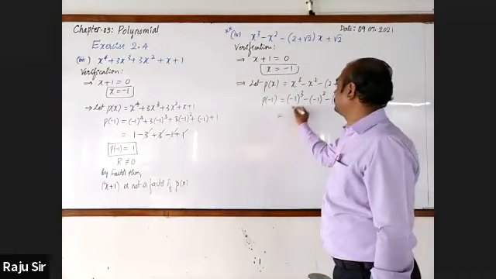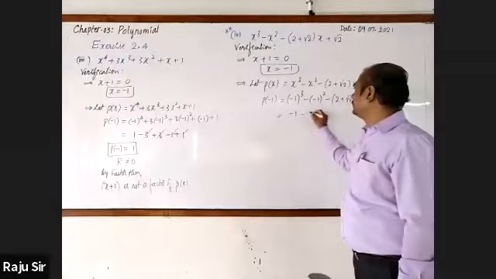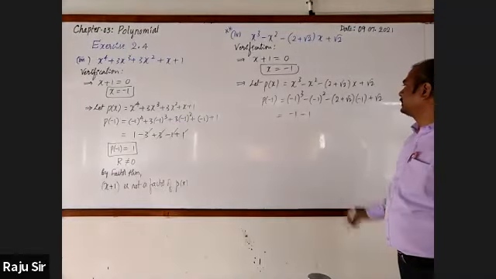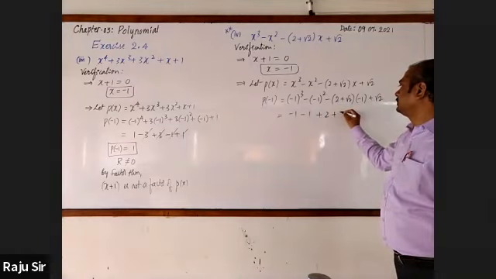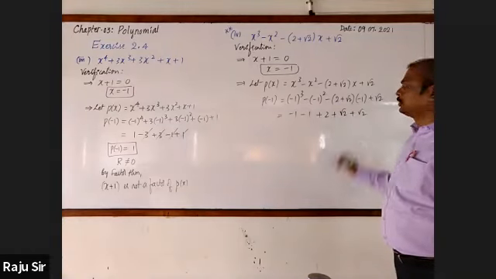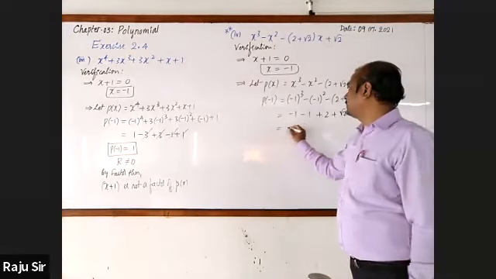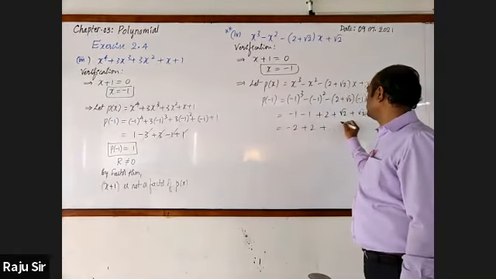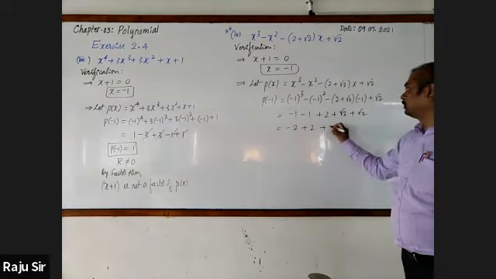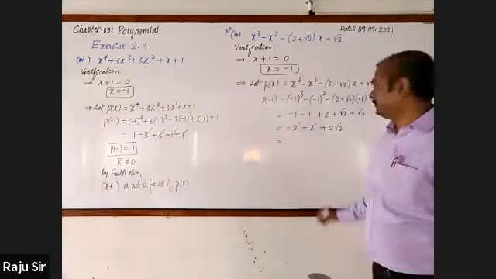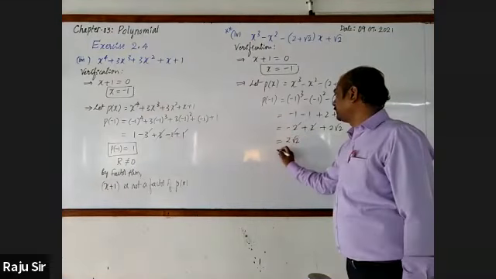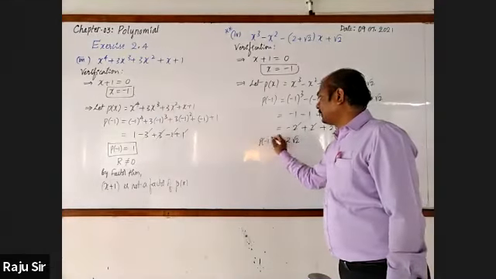Minus 1 whole square is plus 1. Minus 1 into minus is minus 1. And minus into minus gives plus 2 plus root 2 plus root 2. Minus 1 minus 1 is minus 2, then plus 2 plus 1 time root 2 and 1 time root 2, 2 times root 2. Plus 2 minus 2 get cancelled. It is 2 times root 2, which is the remainder.